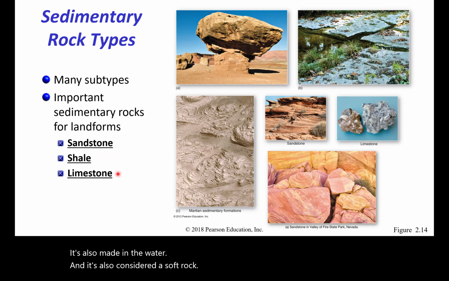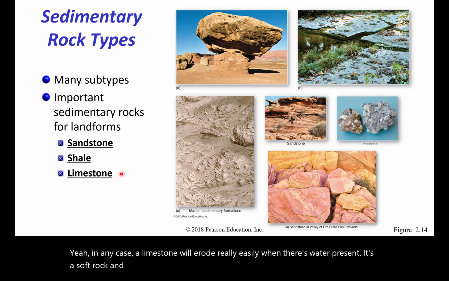But in places where there is water present, which is most places on the planet, and by water I mean surface water like rain, rivers, mostly rain, limestone will erode really easily. It's a soft rock, and it can also dissolve in water.